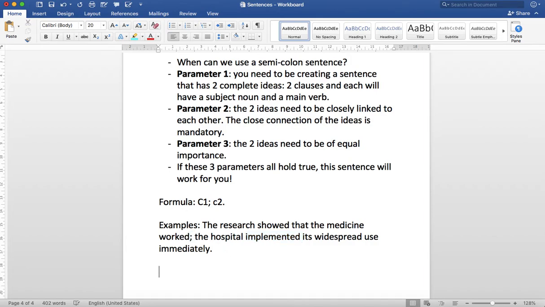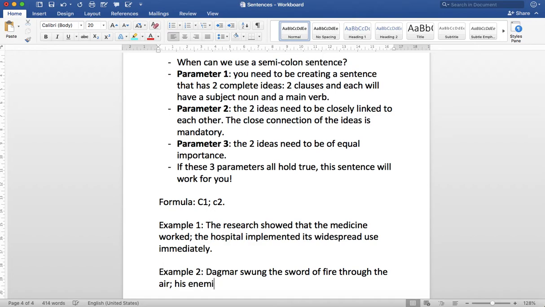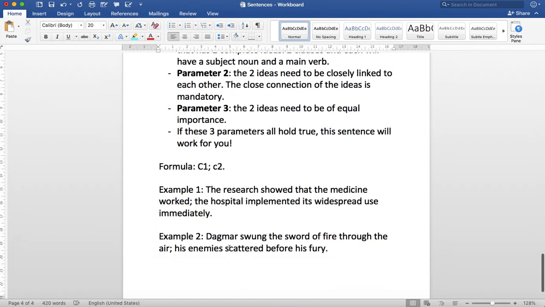Let's do another one. I guess I should call this one example 1 just for consistency. Okay, this one's also a semicolon sentence.